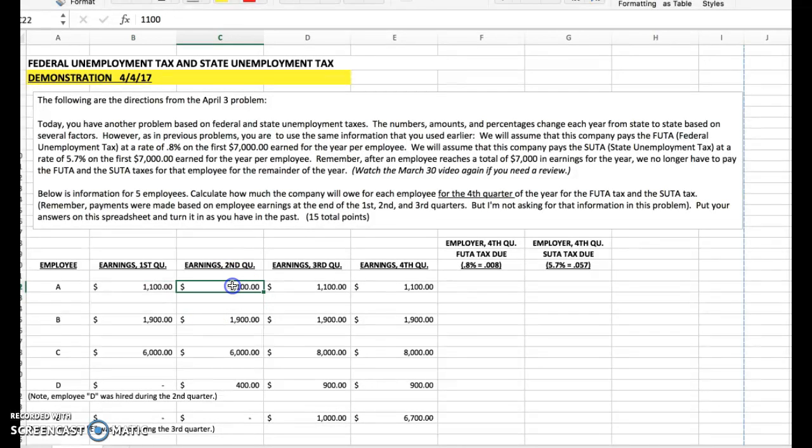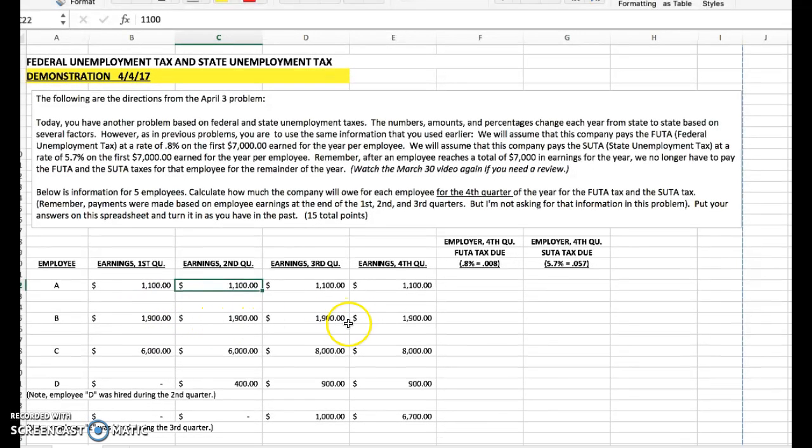But when we calculate the unemployment taxes, federal and state, for the second quarter, we don't use the 2,200. We've already paid in the first quarter on 1,100. We will pay those percentages based on 1,100 again. That's what he or she earned in the second quarter. We pay each quarter based on the quarter earnings until that employee gets to 7,000. So we will see that happen with the first 2 for sure as we go through the year.